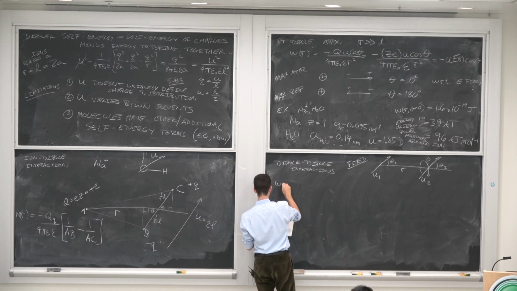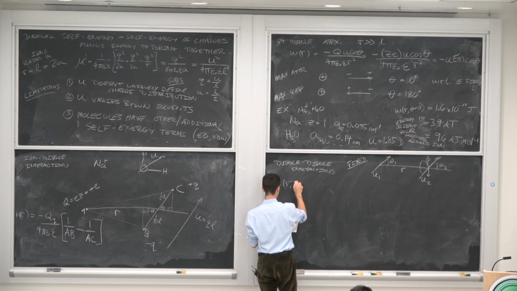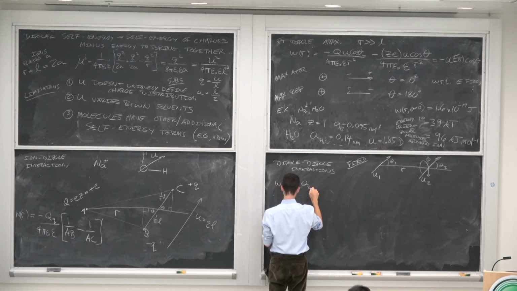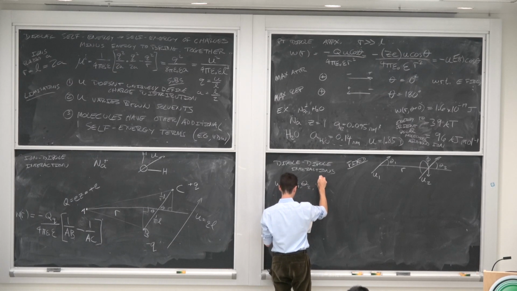And now we have a potential function that is a function of r, theta 1, theta 2, phi.